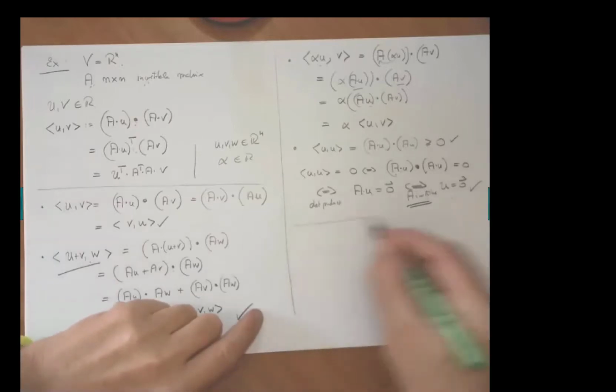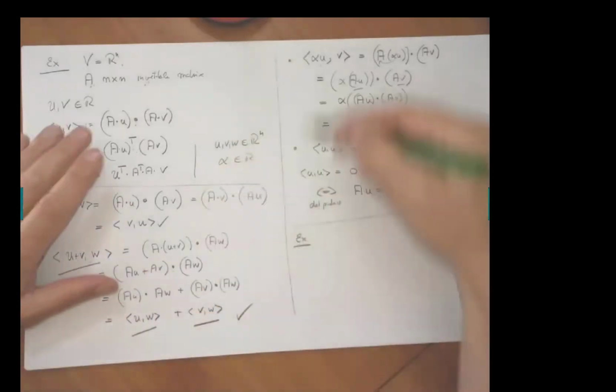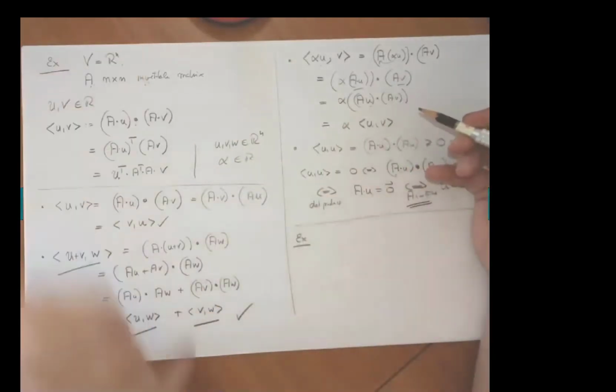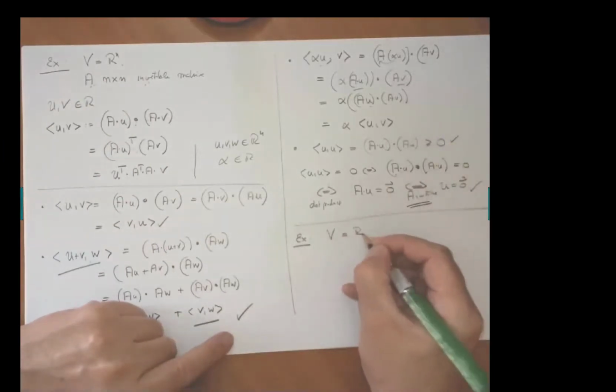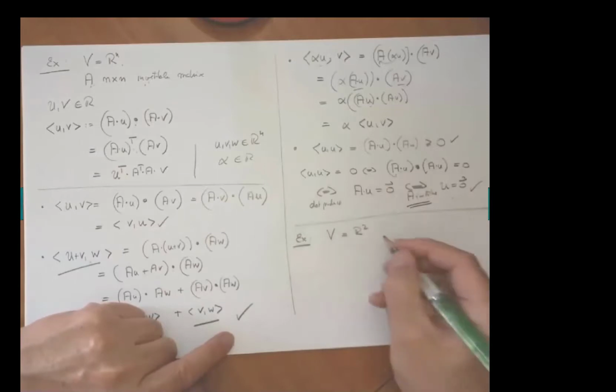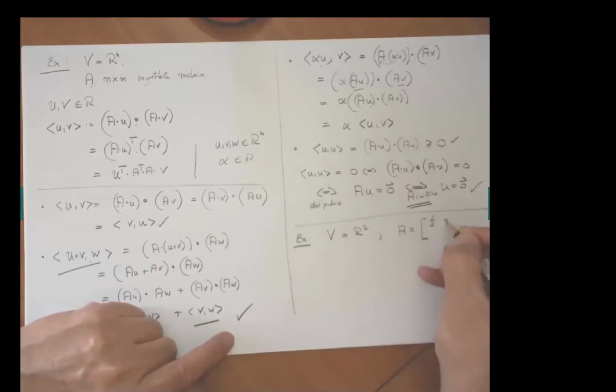Okay, so now as an example, which connects this example to the previous weighted product, we take V equal to R2, and the matrix A I take as 1/3, 0, 0, 1/2.